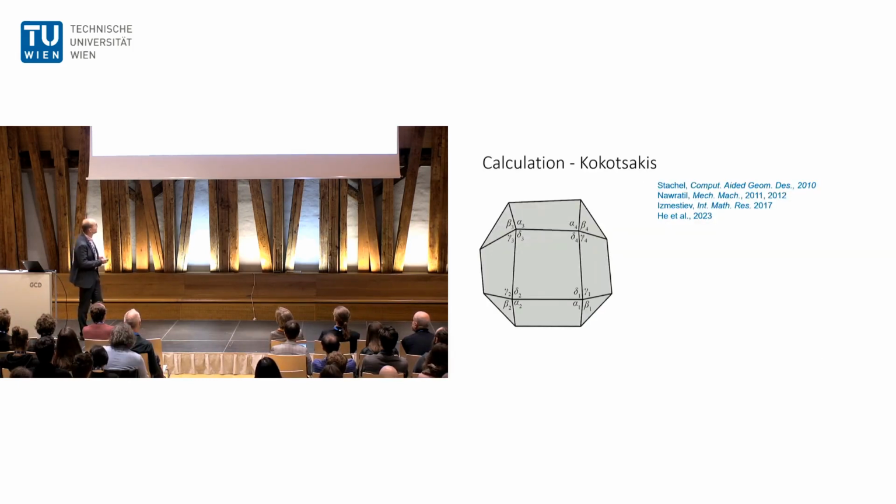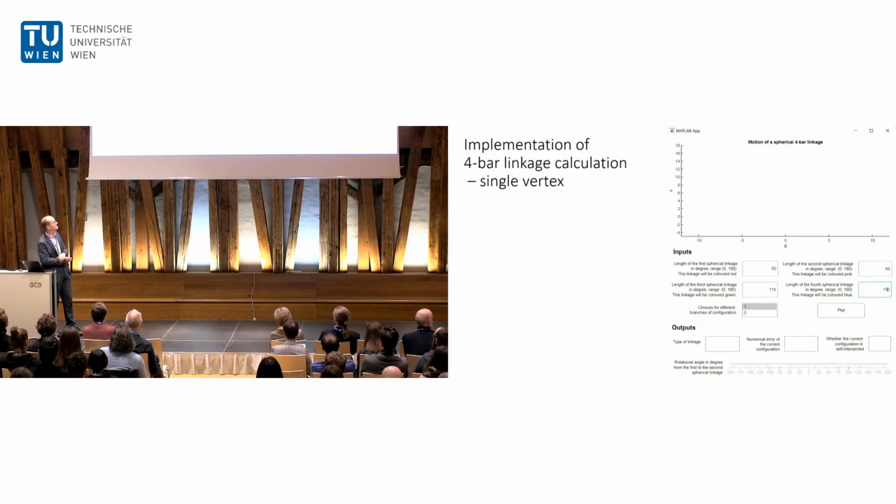The key thing is to understand this loop condition, this Kokotsakis polynomial. Helmut Stachel did some great work on this, but Ivan Izmestiev did the very expansive work on understanding what the conditions were on the angles for this to be able to fold. And that gives you the loop condition that you can look at for possible shapes here.